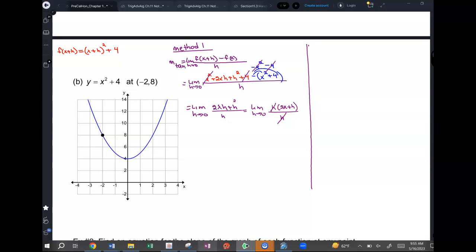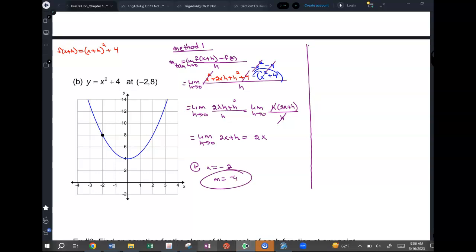So if this doesn't happen, we humans are the ones who made the mistake, and we have to go back and see where we went wrong. But the h's should cancel.